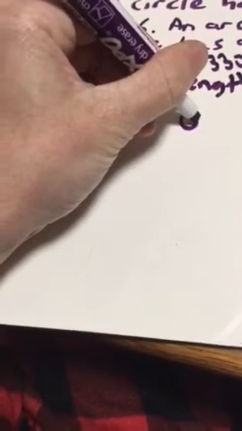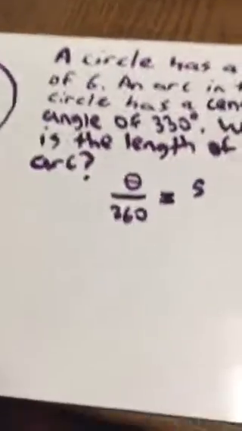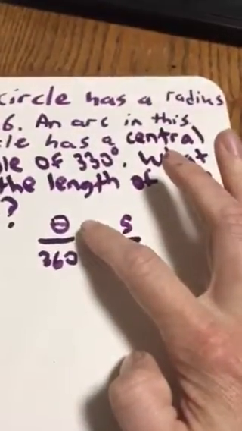Okay, so if we do theta, so the angle measurement of the central angle, theta over 360 degrees, so the measure of a specific angle over the total angle measurement of this circle will be equal to the measurement of the arc, which, arc measure is labeled S. So whenever you see an S, I'm talking about arc measurement, over circumference.